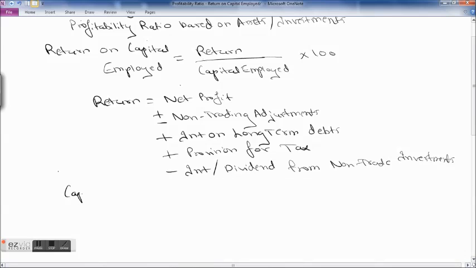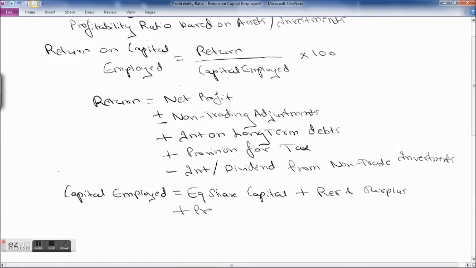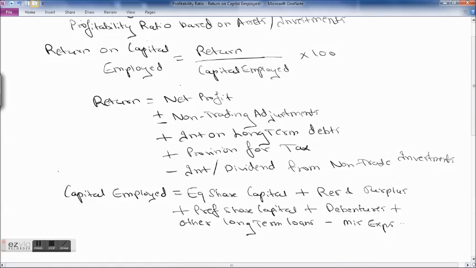Your capital employed is equal to your equity share capital plus reserves and surplus plus your preference share capital plus your debentures plus your other long-term loans, minus your miscellaneous expenses and losses.